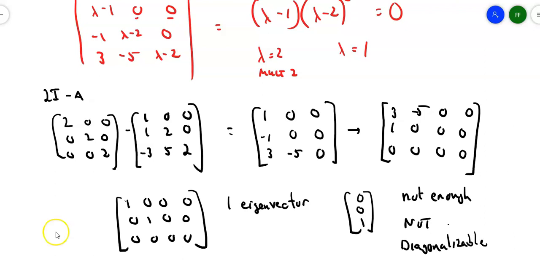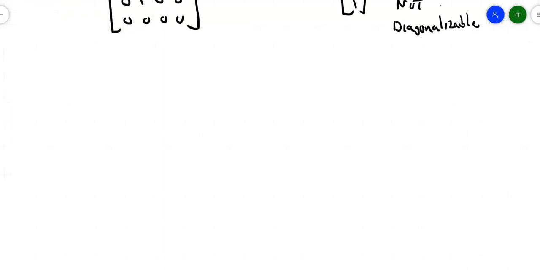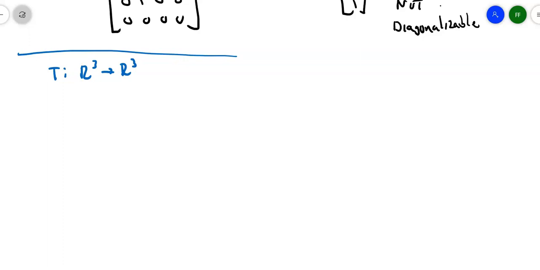The only other thing that I want to mention in this video is setting up a matrix for diagonalization using a linear transformation. So I just want to set one up for you. I'm not going to run through the whole process because we've been through a few of these already. But suppose I've got a transformation that goes from R3 to R3, and it's defined like this.